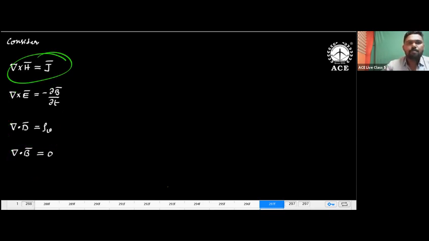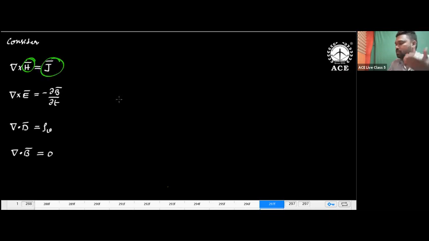But when Maxwell observed these equations in the second half of the 19th century, around the year 1867, he had a problem with the first equation. Before Maxwell, people used to think that the magnetic field is due to the conduction current.